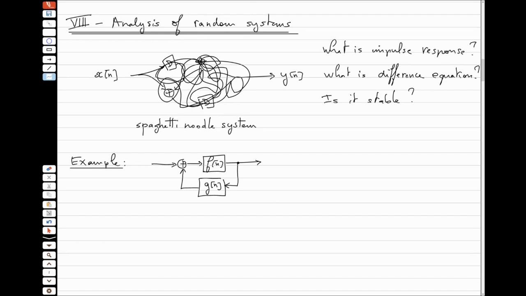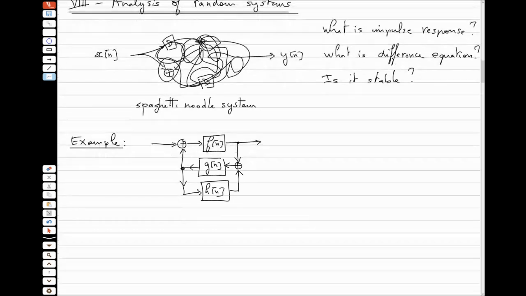But then, to give you even more headache, I put a feedback inside the feedback, and within the feedback of the feedback, I put another crazy LTI system. And then I ask you, what is the impulse response? Or is it stable? How are you going to do it?